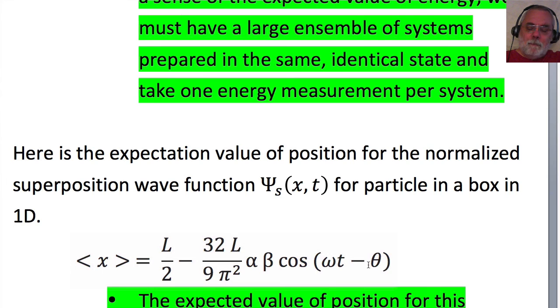Now notice, this is a cosine of omega t plus an L over 2 term. So it's a sinusoidal wave oscillating around the center of the box.